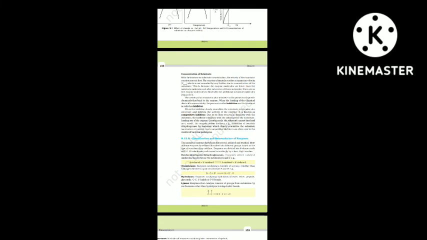Figure 9.7: Effect of change in A, pH, B, temperature and C, concentration of substrate on enzyme activity. Concentration of substrate: with the increase in substrate concentration, the velocity of the enzymatic reaction rises at first.